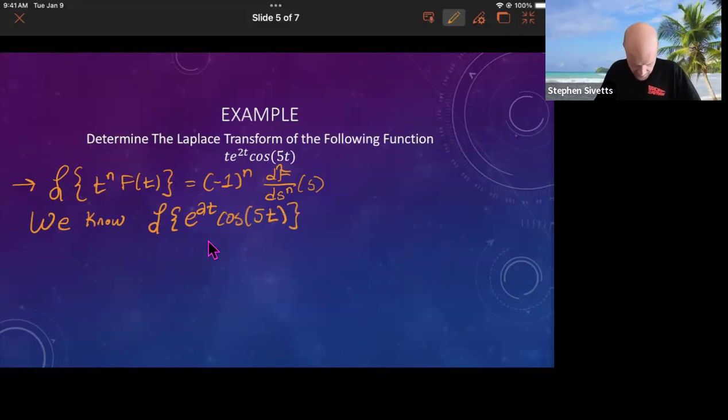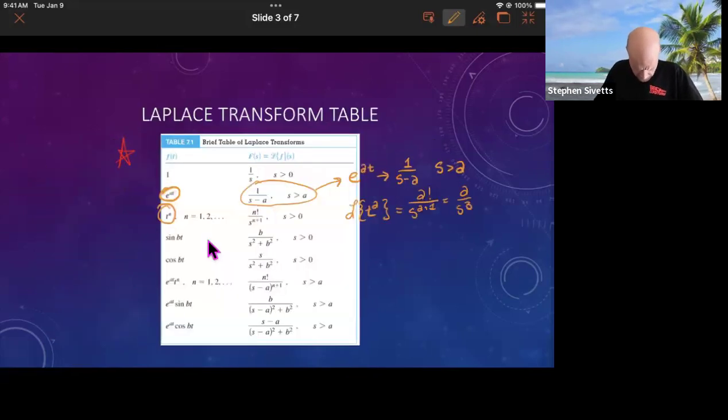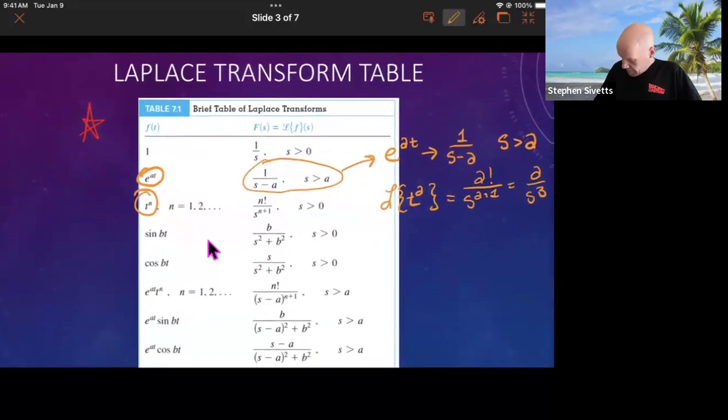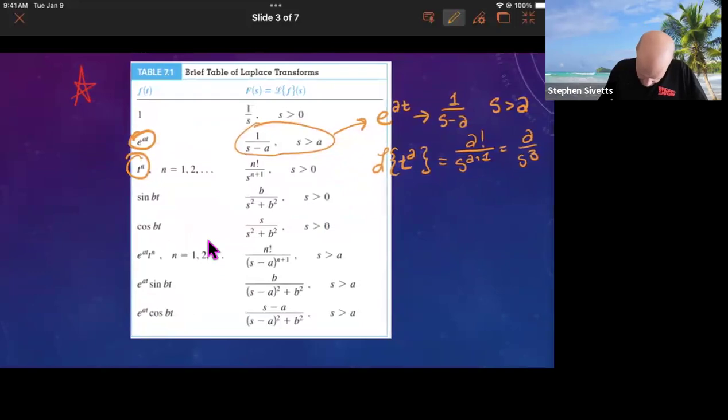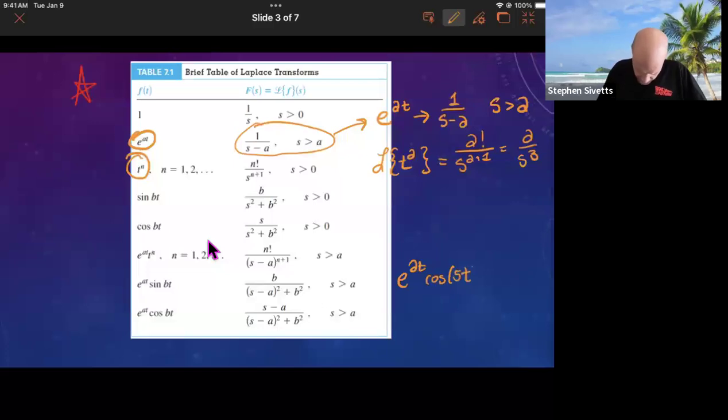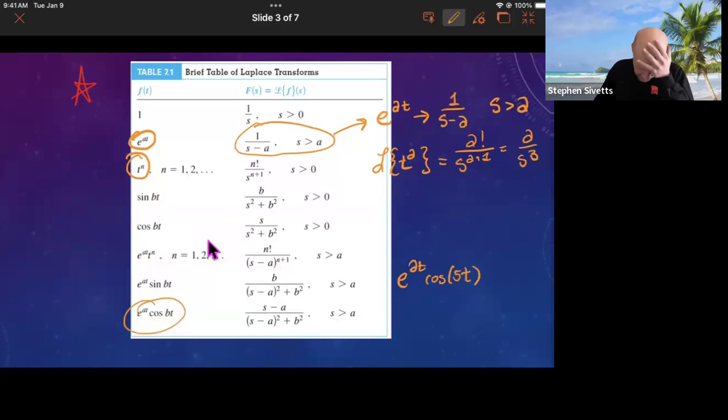Well, if you go to our table, we have this quantity, e to the 2t cosine 5t. It looks like this quantity here, right? So this would be the corresponding Laplace transform of e to the at cosine bt.